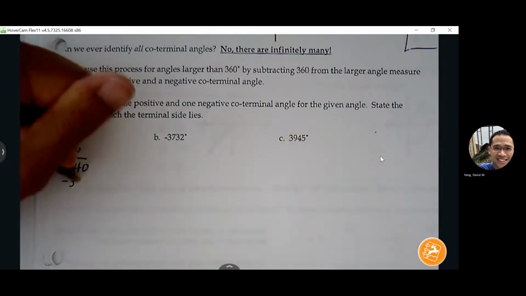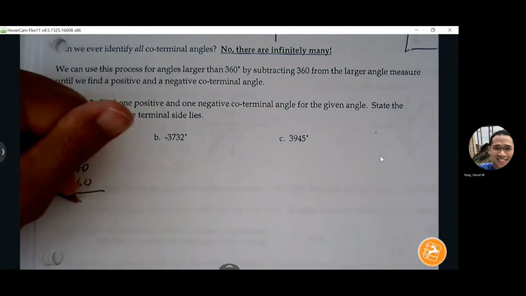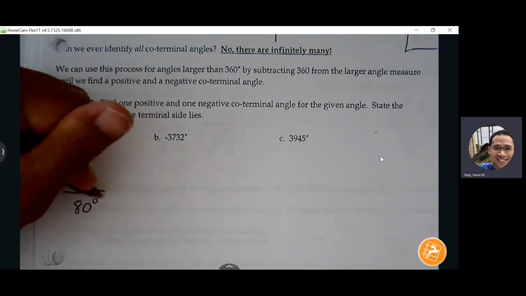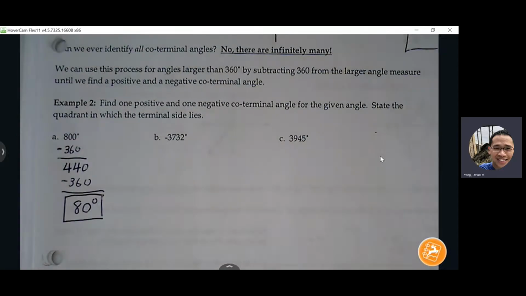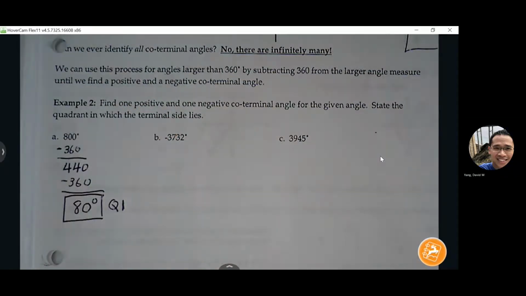What do we get? 80 degrees, right? Now we recognize 80 degrees. Which quadrant is that in? Quadrant 1. So I say quadrant 1. So that's good. We have a positive version of our 800 degrees that we recognize.